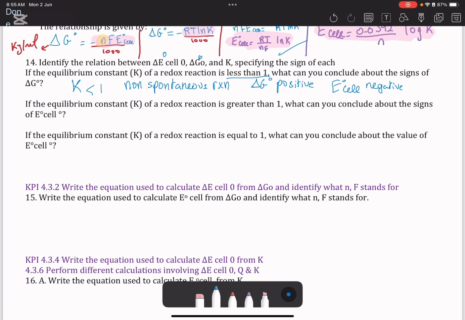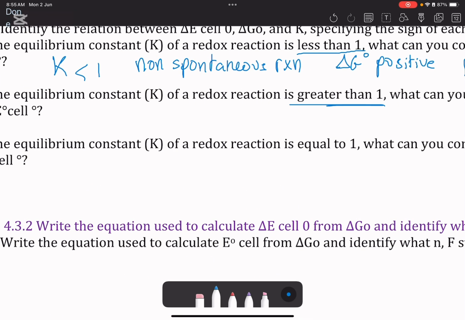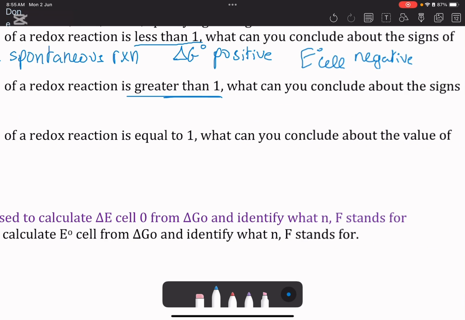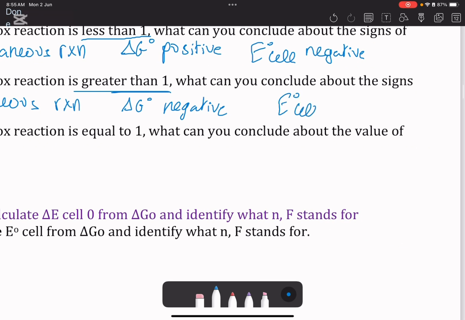Moving on, if the equilibrium constant K is greater than 1, here we are talking about a spontaneous reaction. Of course, delta G is going to be a negative value, less than 0, and the E cell will be a positive potential.